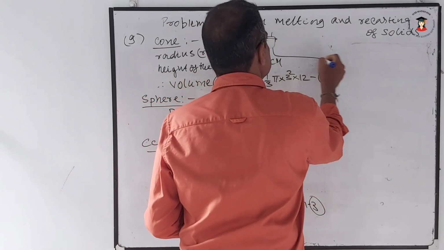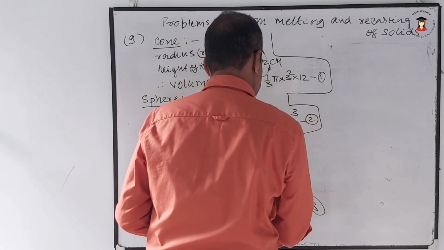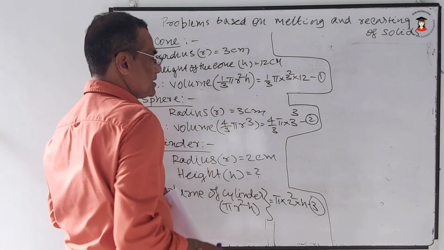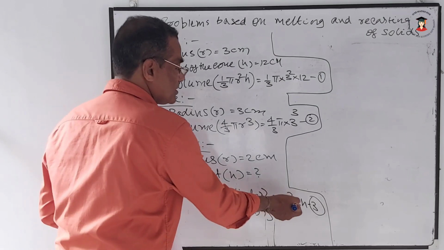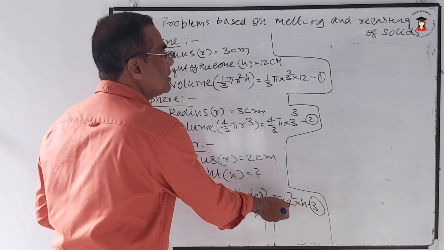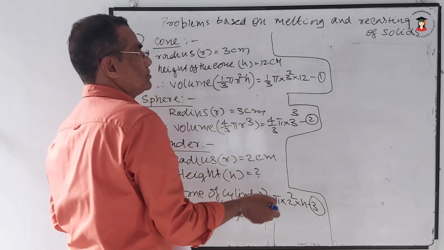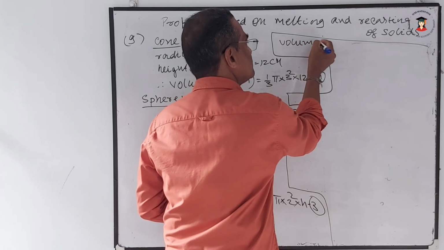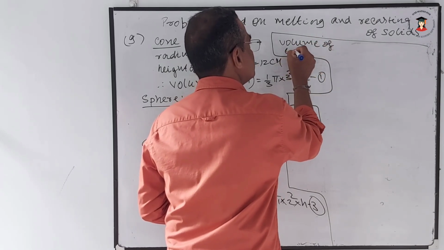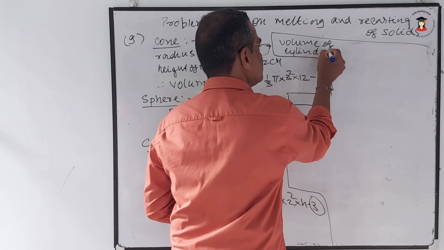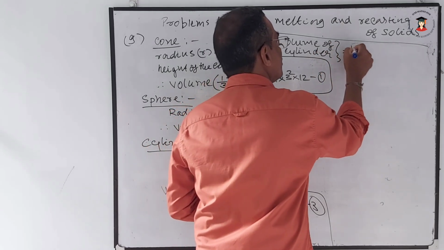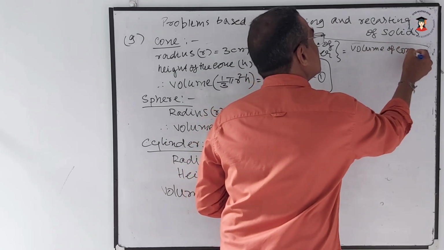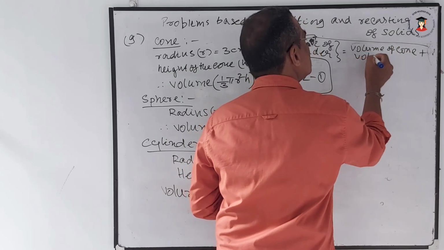Now we need to equate. These two are melted and the final product is the cylinder. So this volume will be equal to volume of these two. Volume of cylinder equal to volume of cone plus volume of sphere.